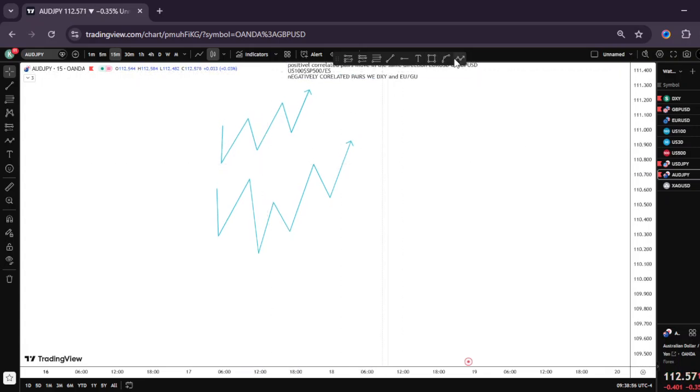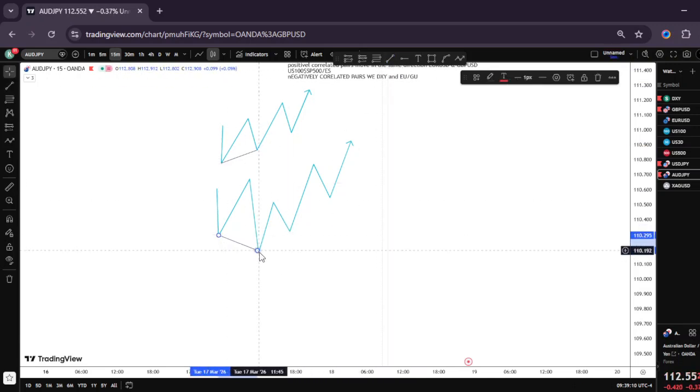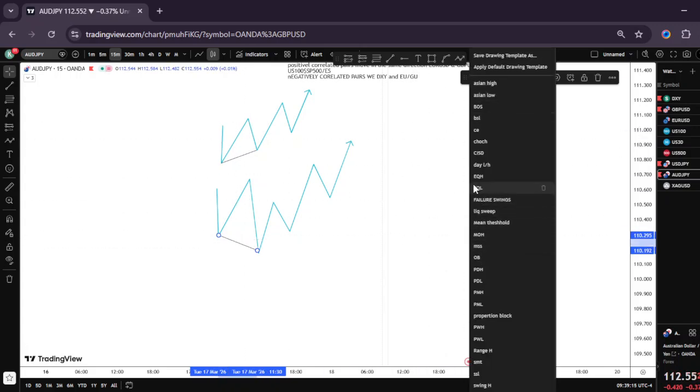So our SMT, or our smart money divergence, is at this point. You see, this one made a higher low and this one made a lower low at this point. So it is at this point that we have something that we call an SMT.